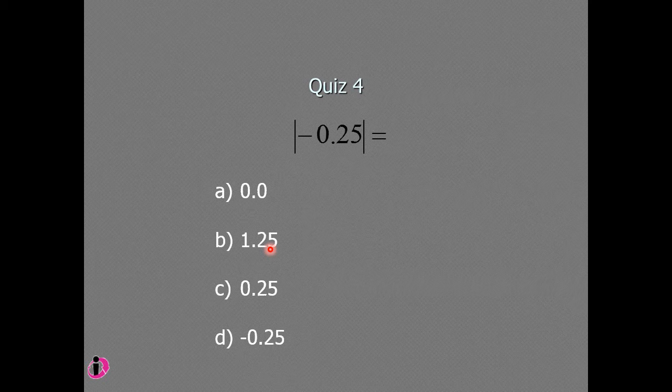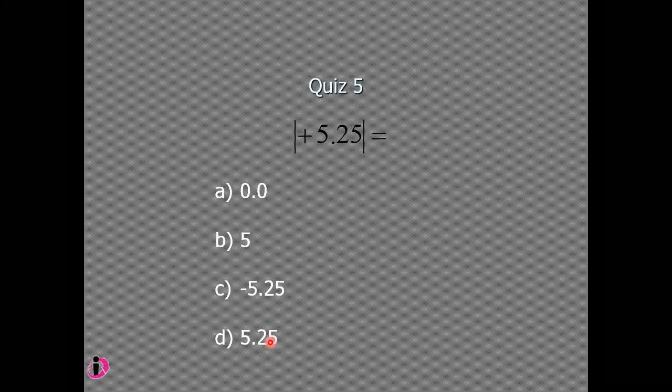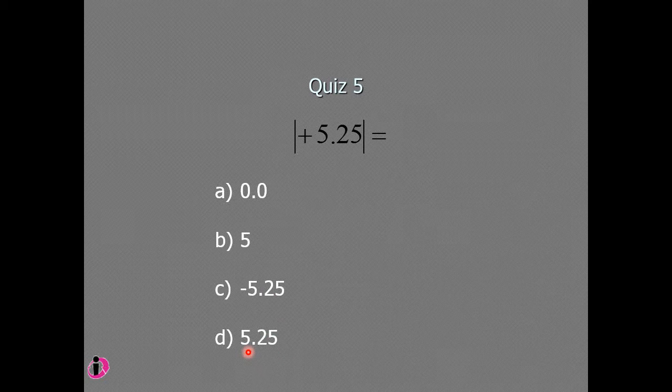Absolute value of negative 0.25. The right answer is C, 0.25. Positive 5.25. The absolute value is D. Absolute value means you just get rid of the sign. That's the magnitude. So the right answer is D, 5.25.